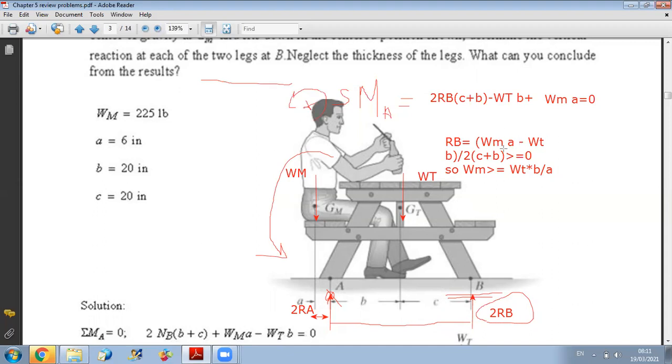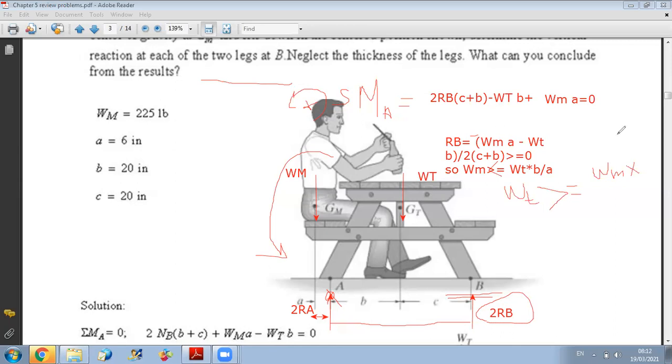In order to satisfy the condition, we should put here W man smaller, sorry, not higher, okay? While the condition for W table is that W table should be higher or equal to W man times A over B. Okay, so here, since they gave us the weight of the man, we find the condition based on the table.